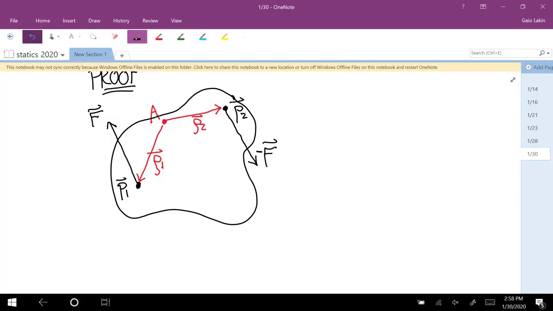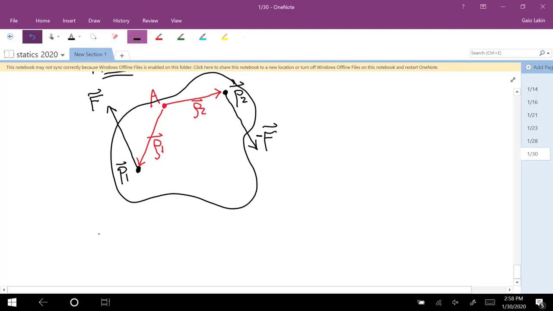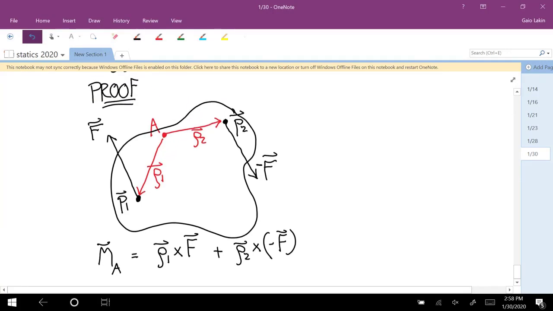And what do we expect to happen? So I'm going to set this up as, the total moment of this couple is equal to r1 crossed with F plus r2 crossed with negative F. And what would show that this moment is going to be the same no matter what the about point is? How would we see that in this proof?